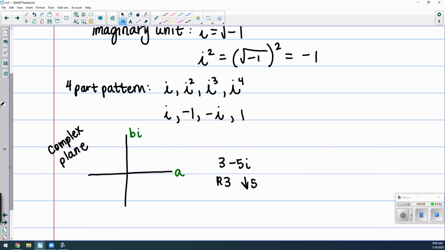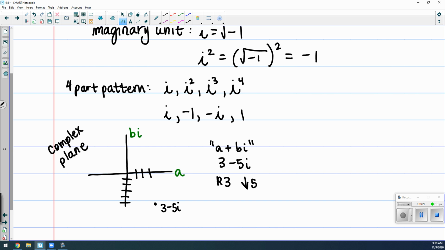So go to the right 1, 2, 3, down 1, 2, 3, 4, 5, and then here is that point. This is the point 3 minus 5i. Notice how in the complex plane, numbers aren't given as an ordered pair, they're given as a plus bi. So we're thinking a plus bi.